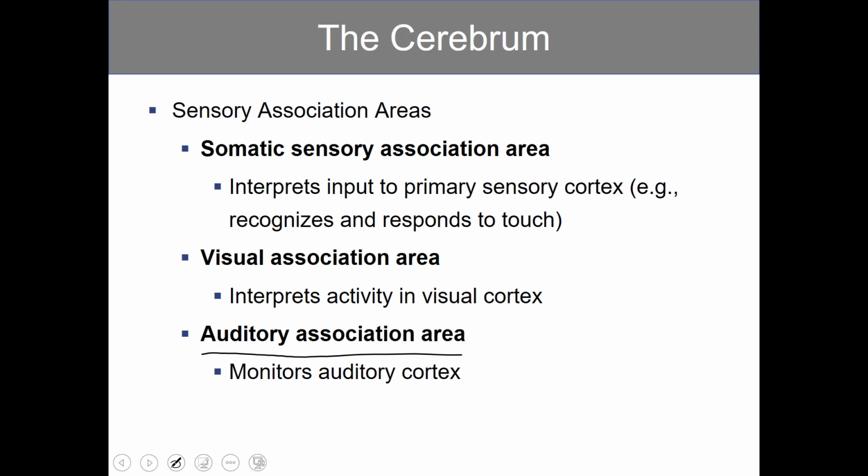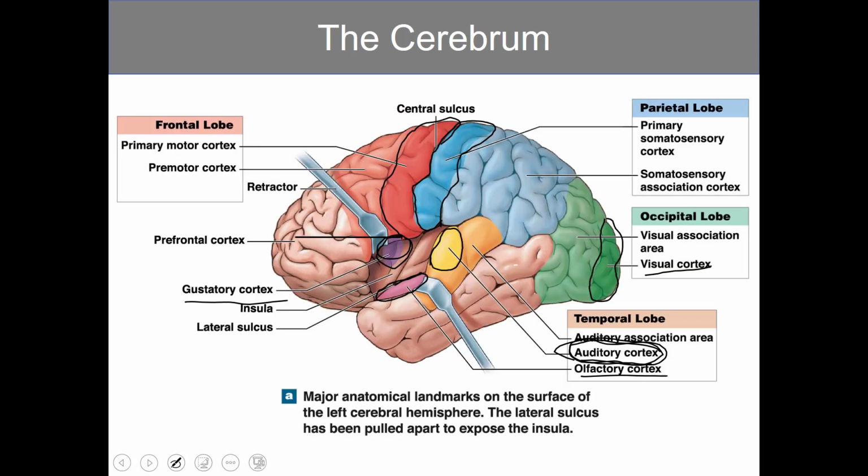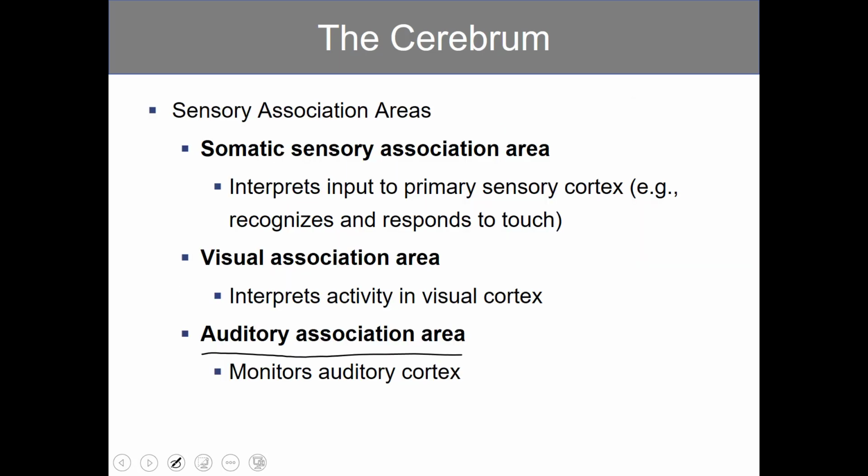But let's look at a language that you are familiar with, such as English. Prior to learning English, you were able to hear sounds, and that was primarily due to signals coming from the ear to the auditory cortex. Once you have mastered the English language, the auditory association area is going to interpret those sounds, and it provides meaning.